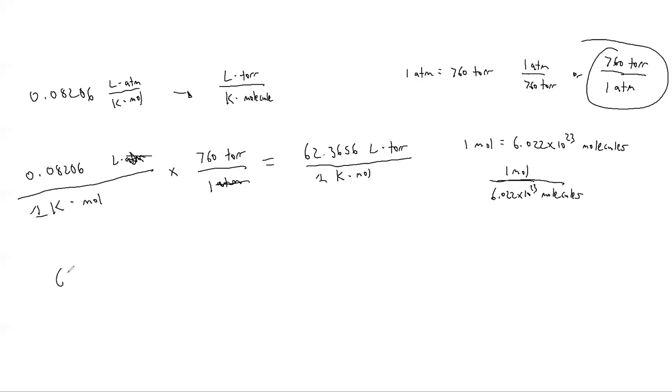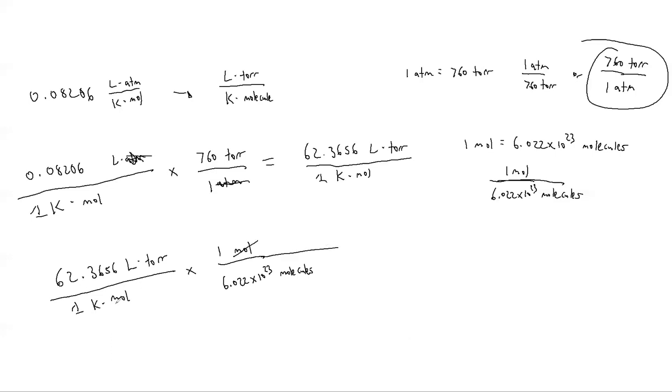So we start with 62.3656 liter torr over 1 Kelvin mole. Okay, well, mole's in the denominator in this case, so I need mole in the numerator for my conversion factor, which is exactly how I wrote it right here. So 1 mole over 6.022 times 10 to the 23rd molecule.